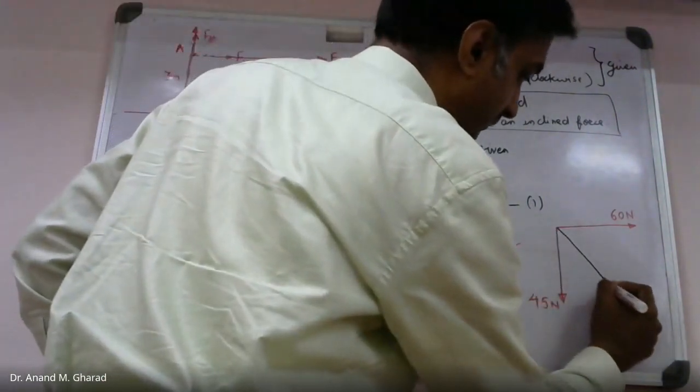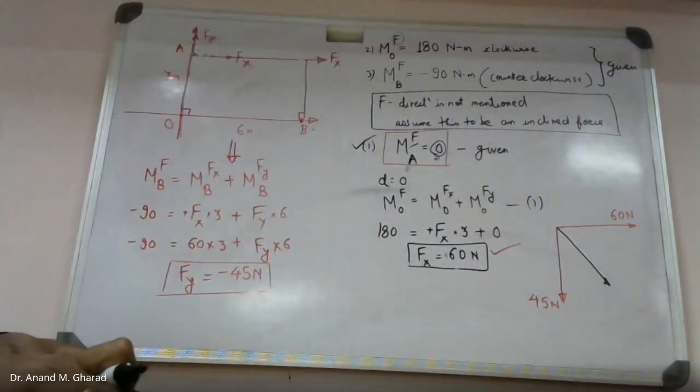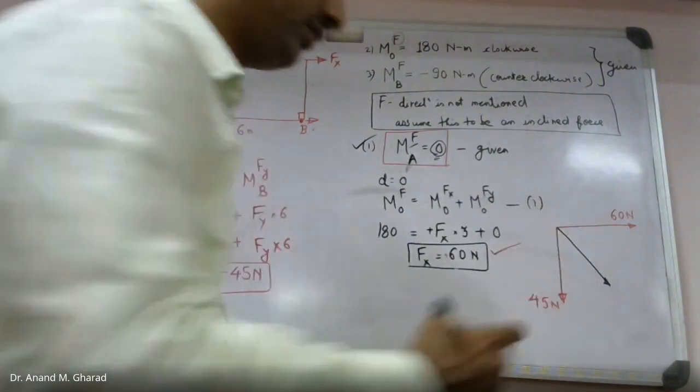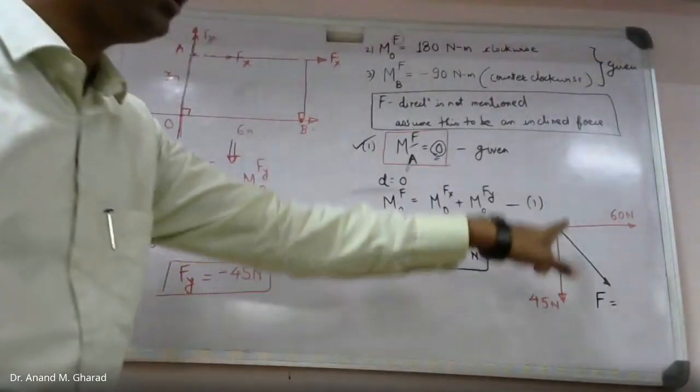But mind well, these two are the components of the force. These are not the final values of force. Okay, what will be the final value of force? It will be nothing but the resultant of this.